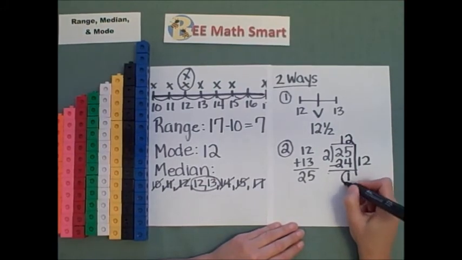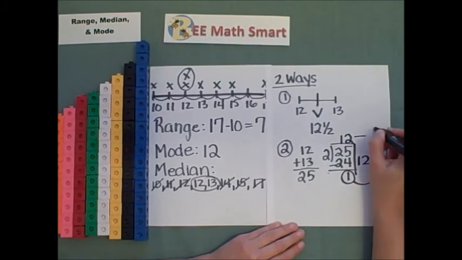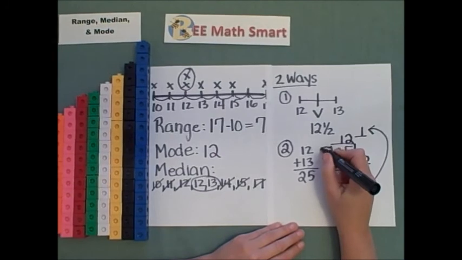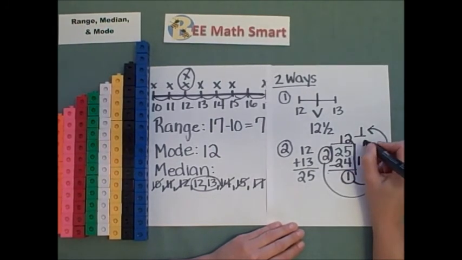And then I need to think about where the 1 goes in a fraction. It goes to the numerator. So the 1 becomes the numerator, and your divisor, 2, becomes the denominator.